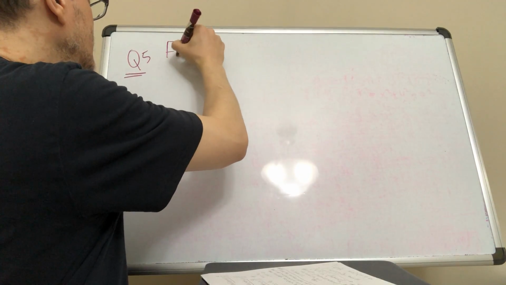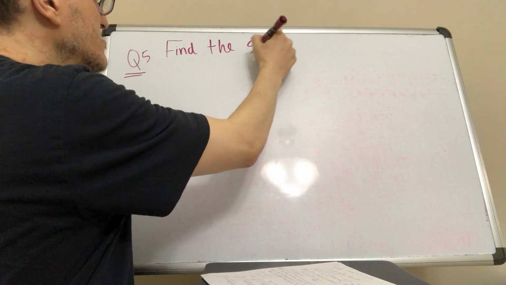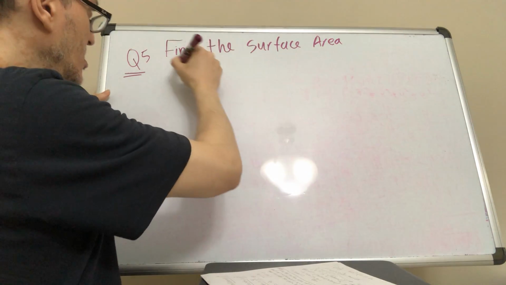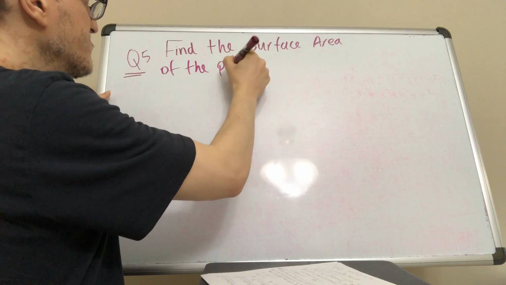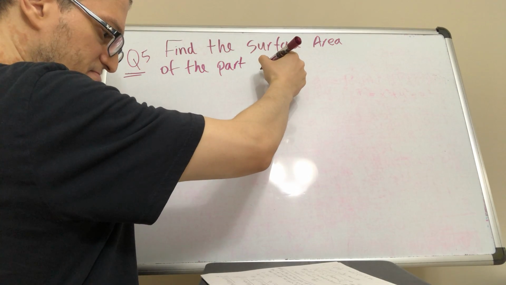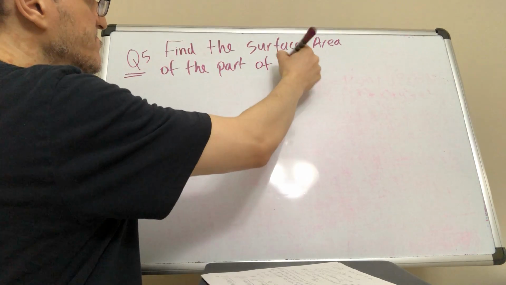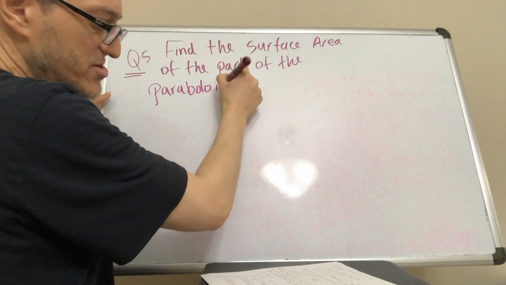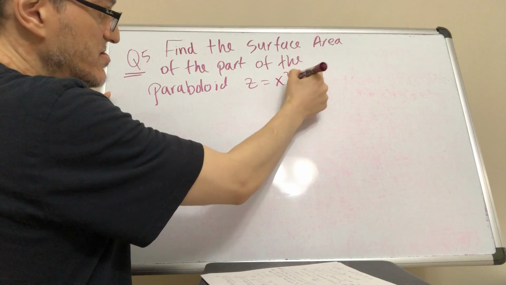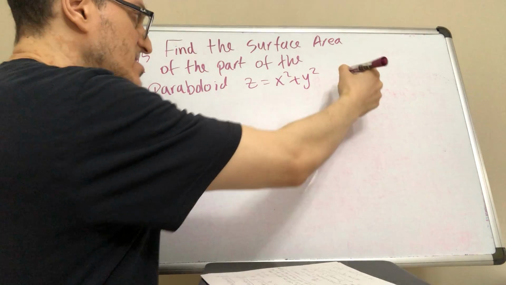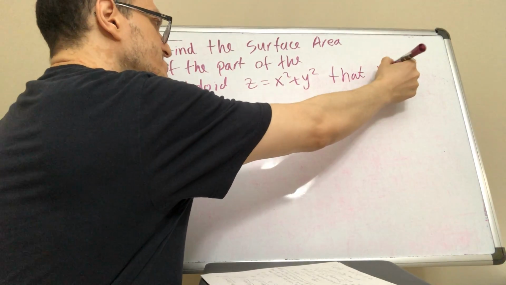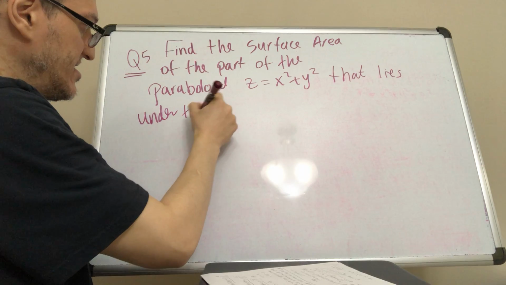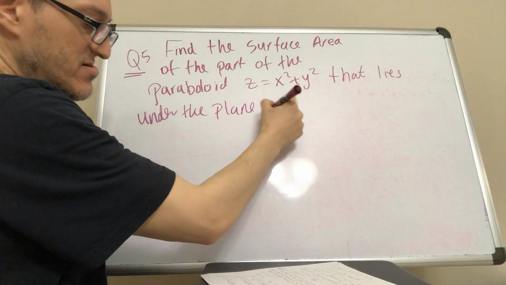So you're trying to find the surface area of the part of the paraboloid z equals x squared plus y squared that lies under the plane z equals 9.